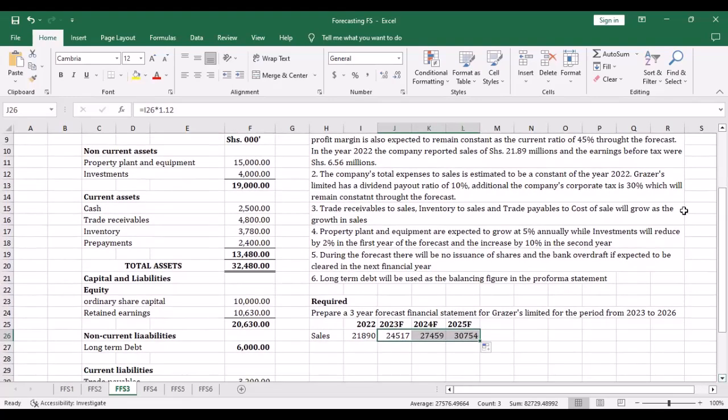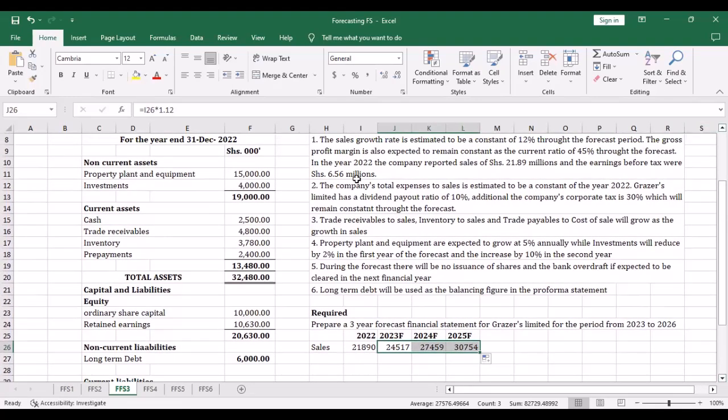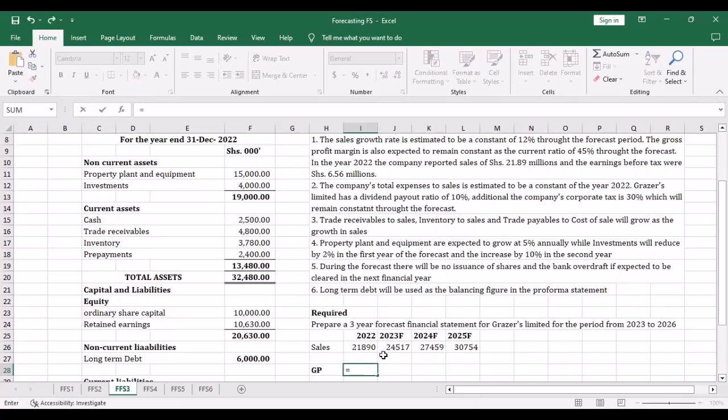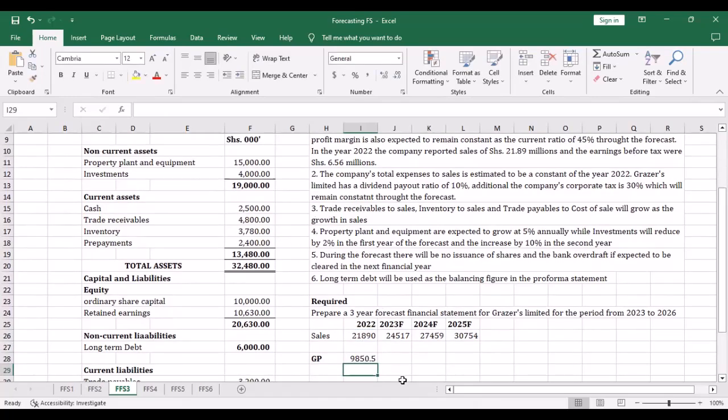On the same additional information, the gross profit margin is also expected to remain constant at the current ratio of 45% throughout the forecast. So we'll skip cost of sales and write GP for gross profit. This one is 45% of sales, so 0.45, then you multiply by the sales, and it is remaining constant throughout the period.